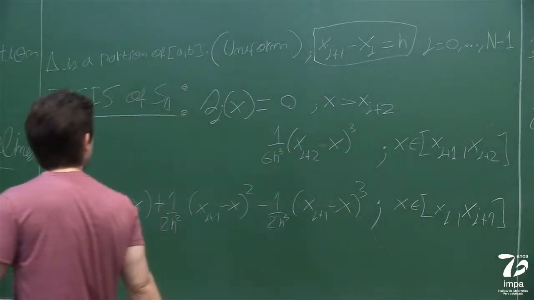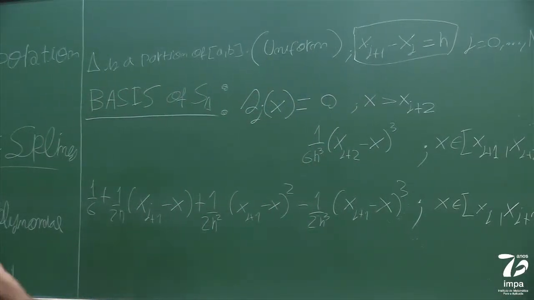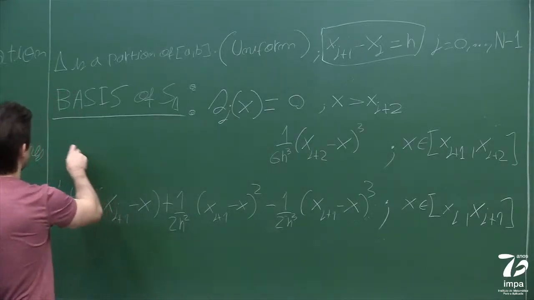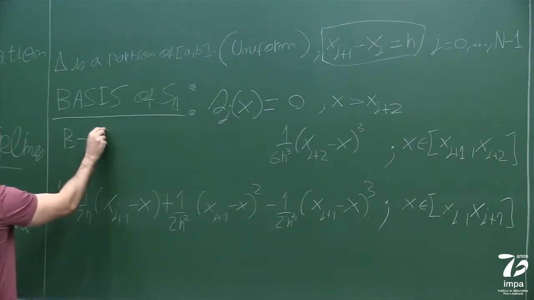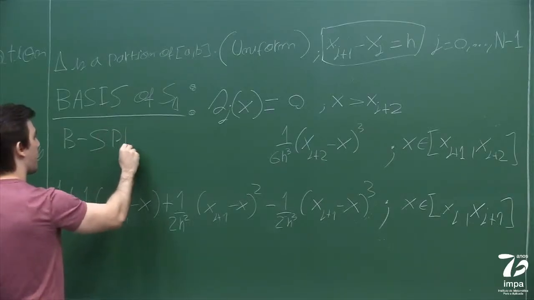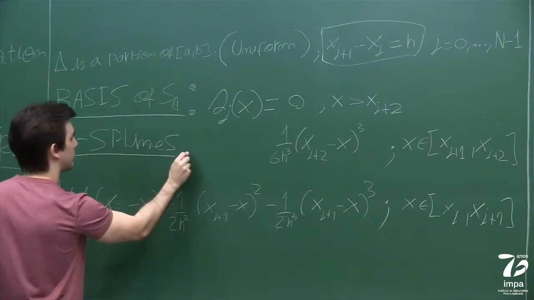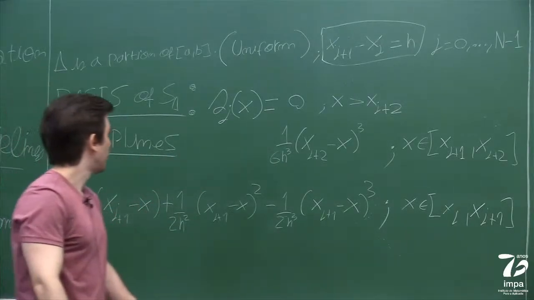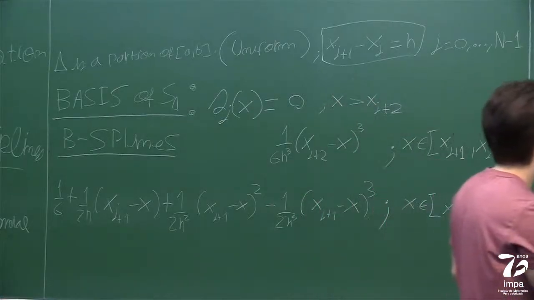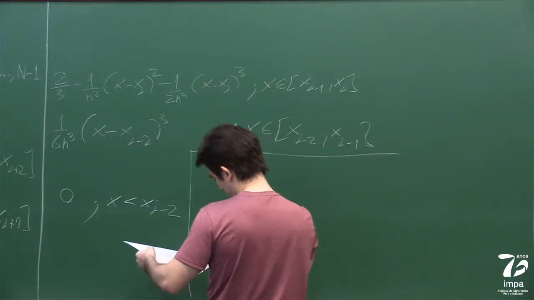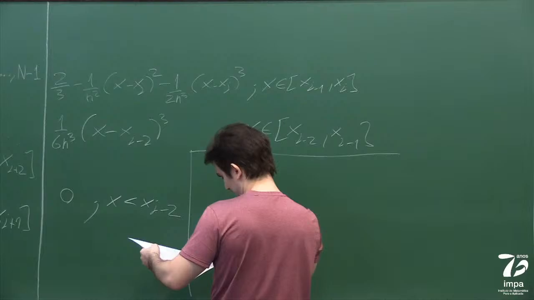It's a big definition. So let's make a comment. This is called the B-spline basis of S delta. This is called the B-spline centered at xj.